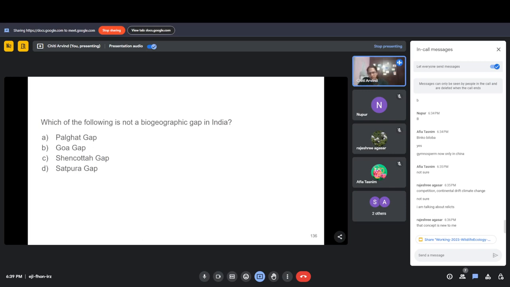So, does everybody know what is a biogeographic gap or a biogeographic barrier? Any guesses?